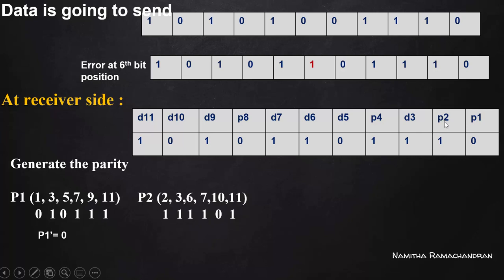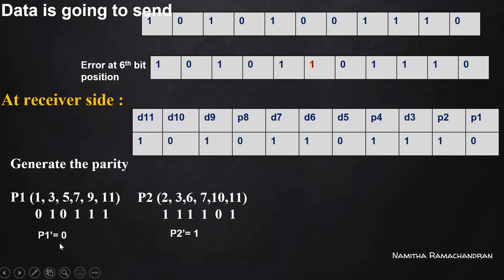Here value 1, here again 1, and here 1, and here 1, and here again 1. Now count the number of ones: 1, 2, 3, 4, 5. 5 is an odd number. So in order to make the entire system 0, we can set P2 dash as 1. If it is an odd number, then P2 dash is set with value 1.